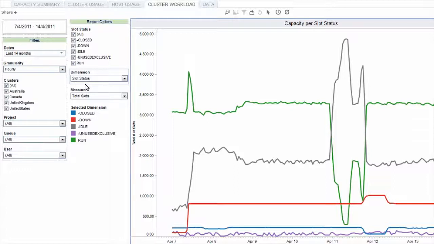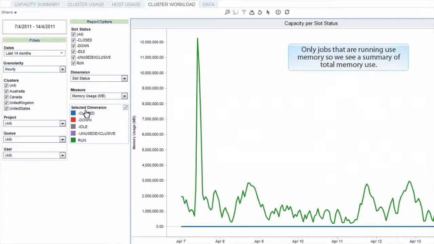I'll select memory as the measure. Only jobs that are running actually use memory, so we just see a summary here of memory use across all resources.